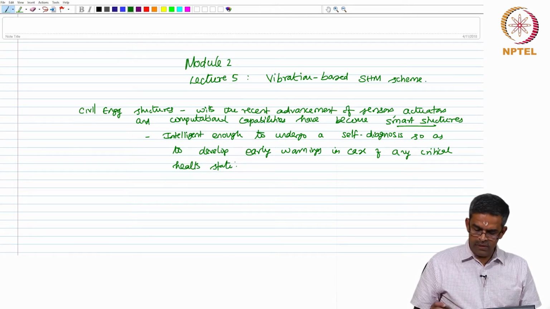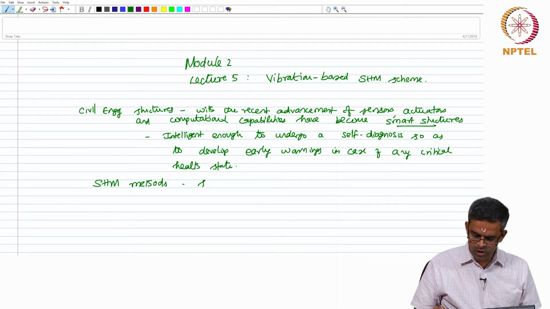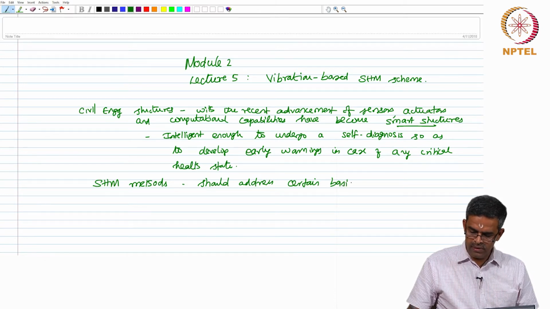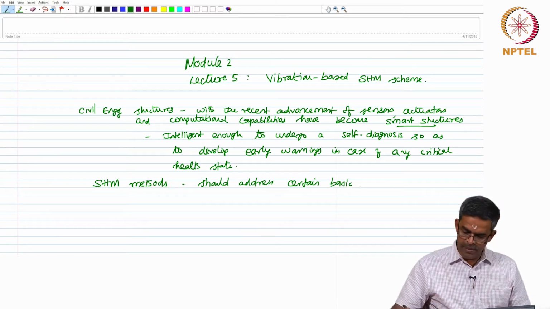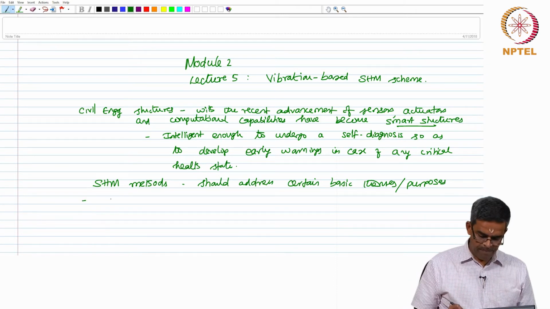So, under this objective, let us see the structural health monitoring methods should address certain basic themes, or let us say purpose, should fulfill certain basic purposes.